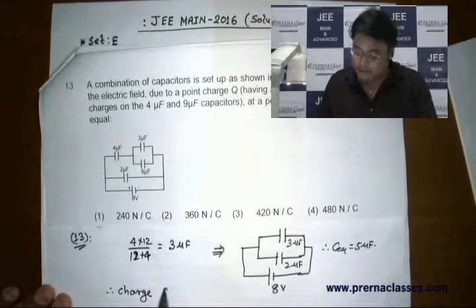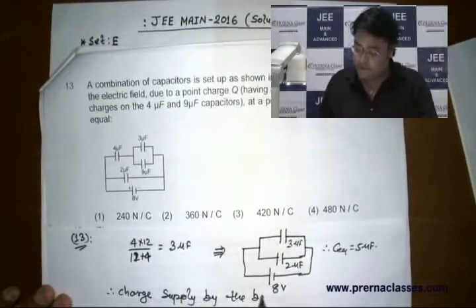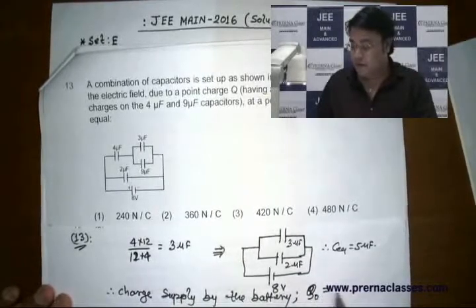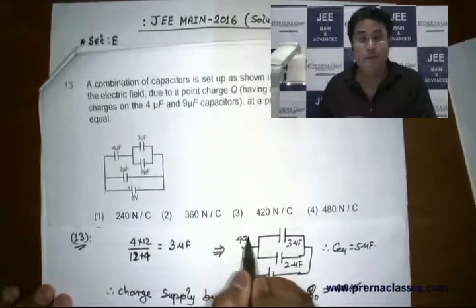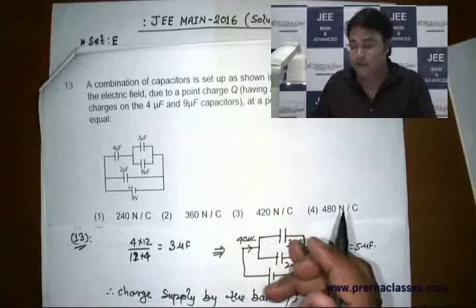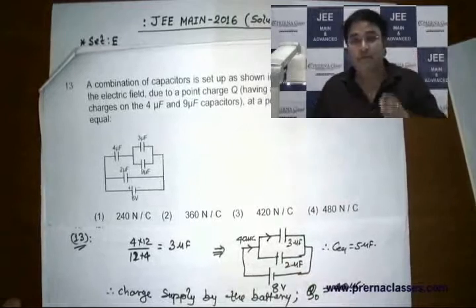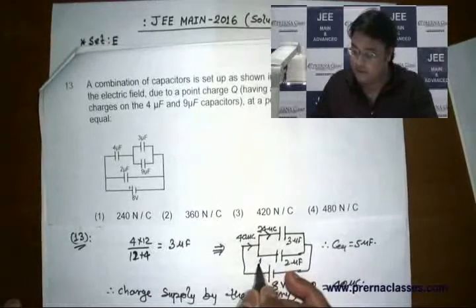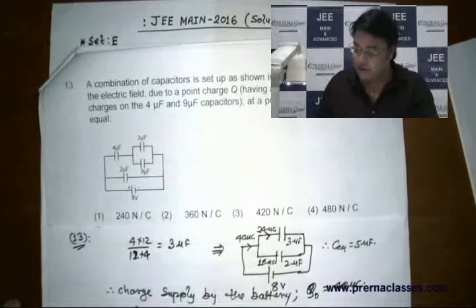Okay. So charge supplied by the battery, let us say it is Q naught, is equal to 40 microcoulomb. Now 40 microcoulomb is divided in 3 and 2. So you know in parallel combination charge is divided in the same ratio as capacitance. So on 3 microfarad it is 24 microcoulomb and on 2 microfarad it is 16 microcoulomb.